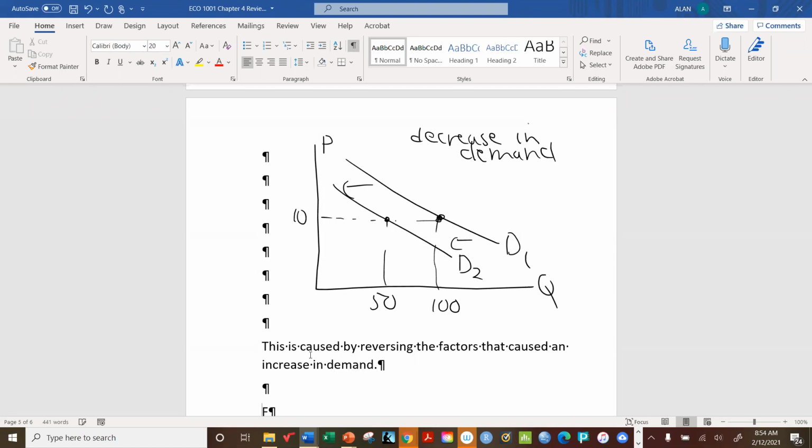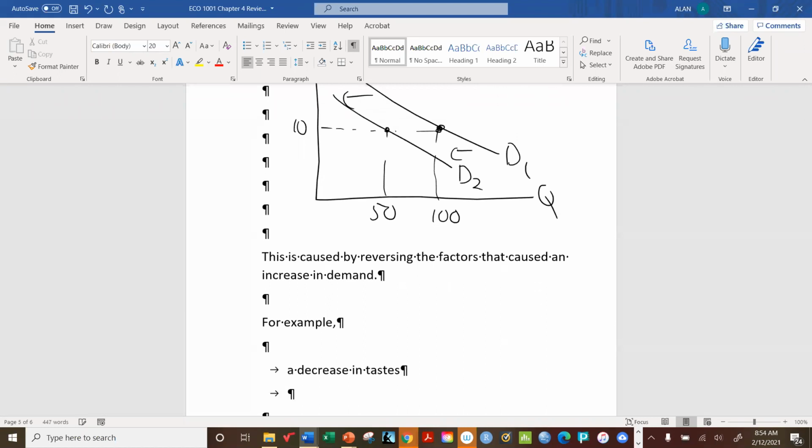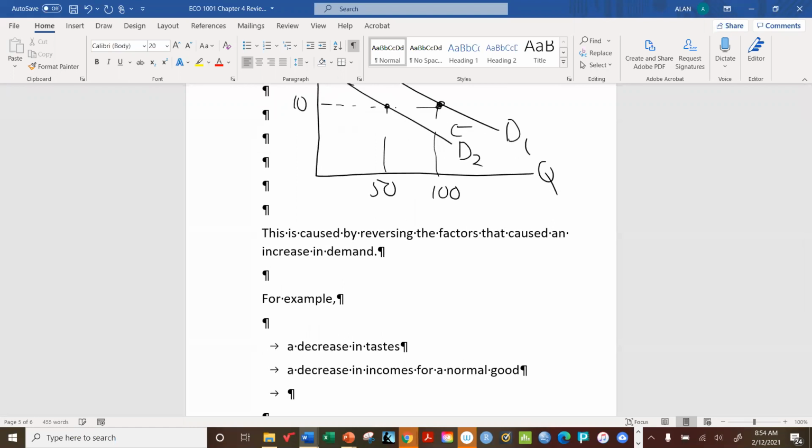For example, let's just list a few of these. A decrease in tastes, a decrease in incomes for a normal good, or an increase in incomes for an inferior good.